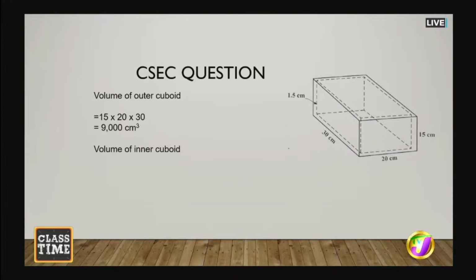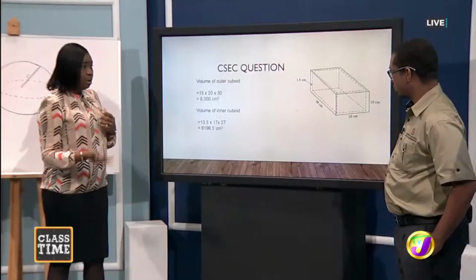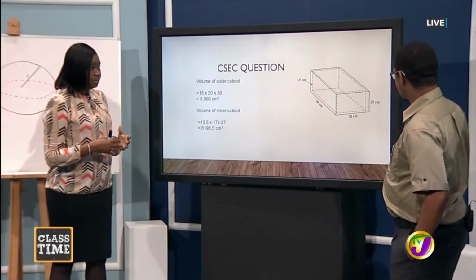Now, when we substitute those values, we would get 13.5, 17, and 27. So our dimensions reduced, and when we multiply them, we get a volume of 6,196.5 cubic centimeters. We're adding or we're subtracting?